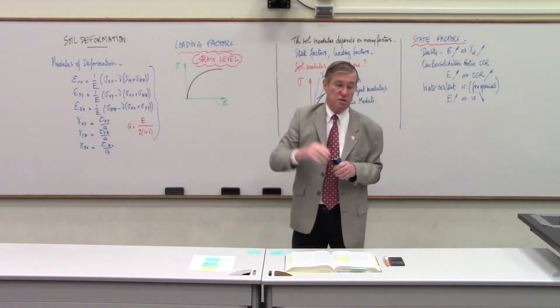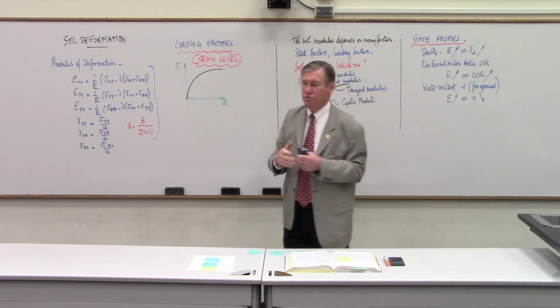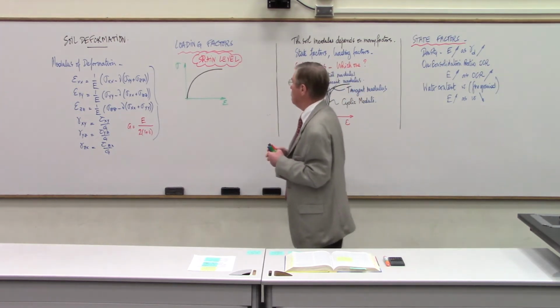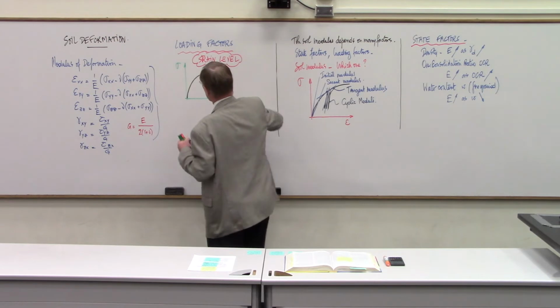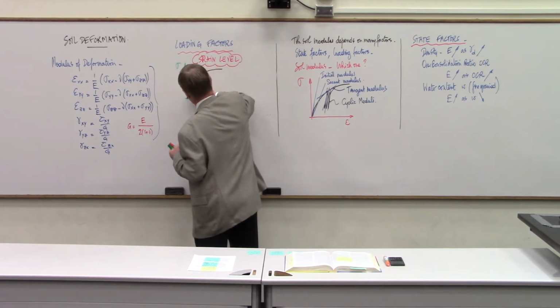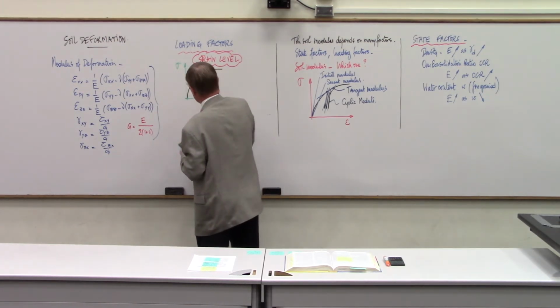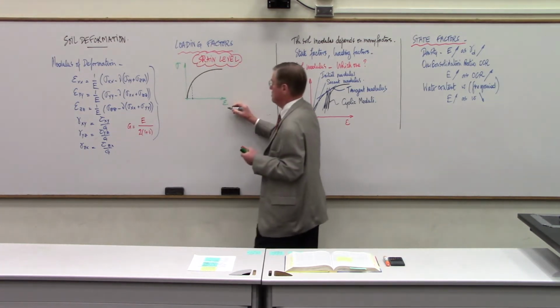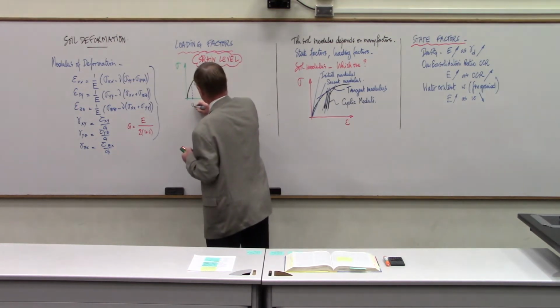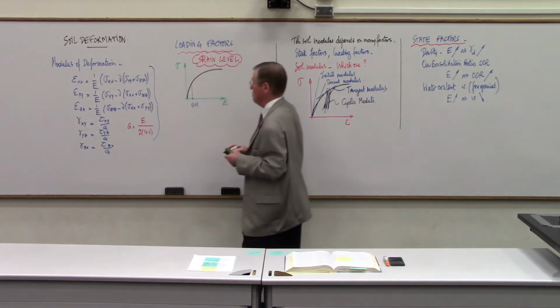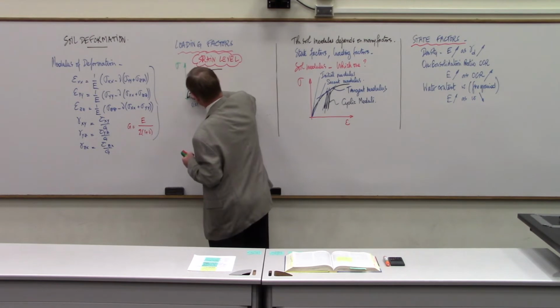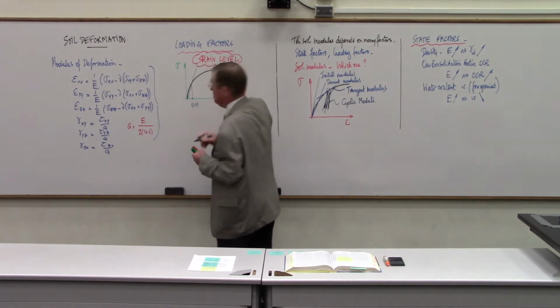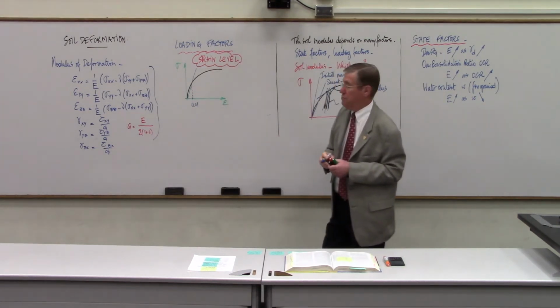Delta H over H, that's the order of magnitude. And so at 1%, you're in here somewhere, and you're looking at a curve that's going to intersect the epsilon axis at 0.01, 1% strain. So I'm going to be looking for a modulus that's right there.